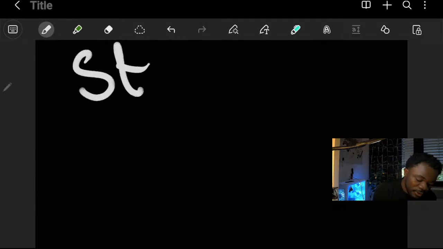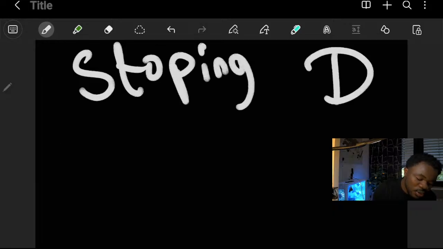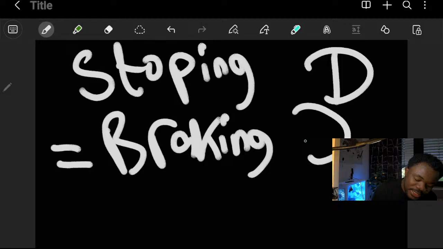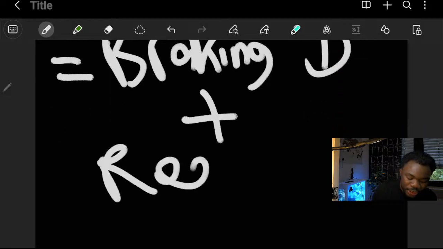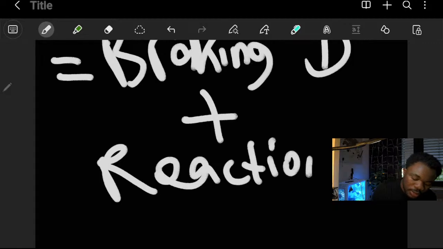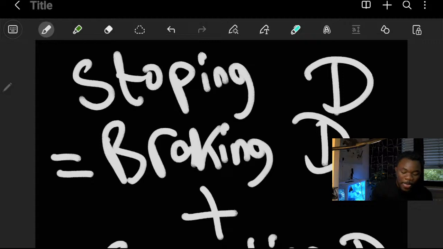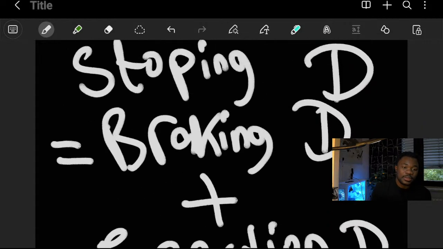Listen. So stopping distance, which is what we are looking for. Stopping distance is equal to braking distance plus reaction distance.